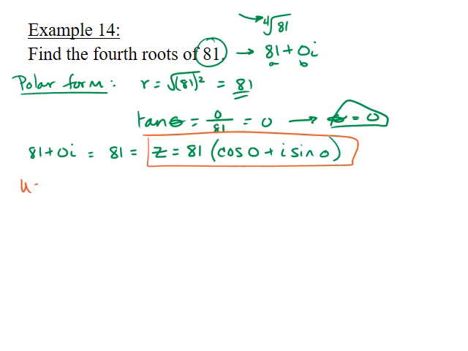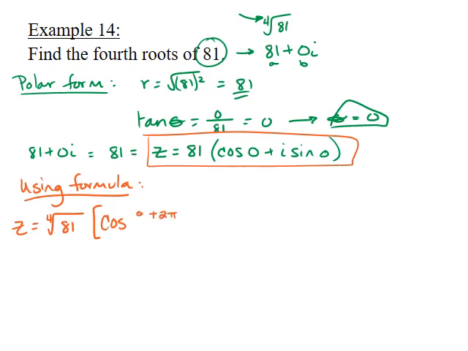Now, using the formula from the previous slide, we end up with the following. If we want to take the 4th root, we get z equals the 4th root of 81 times cosine of (0 plus 2 pi k) divided by 4 plus i sine of (0 plus 2 pi k) over 4.